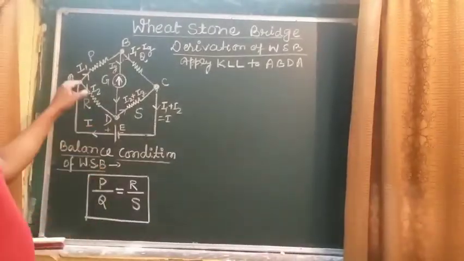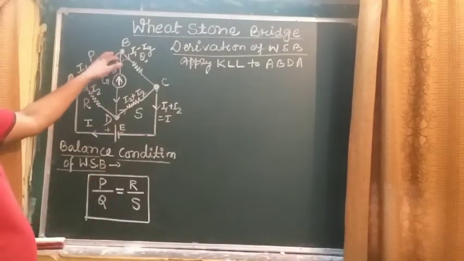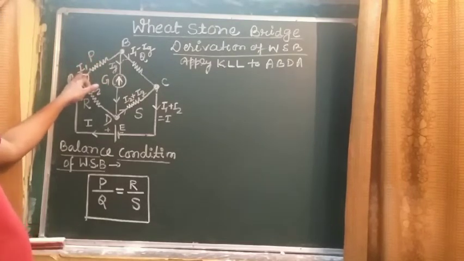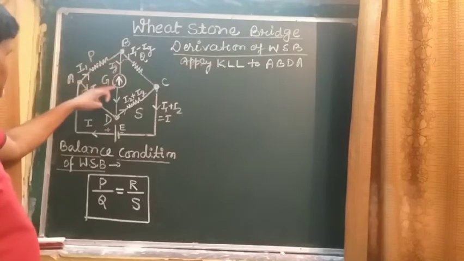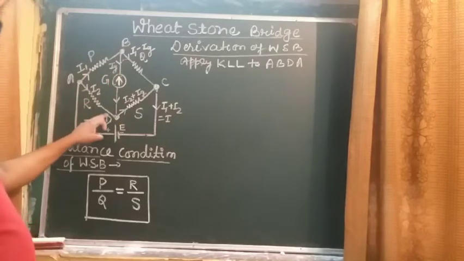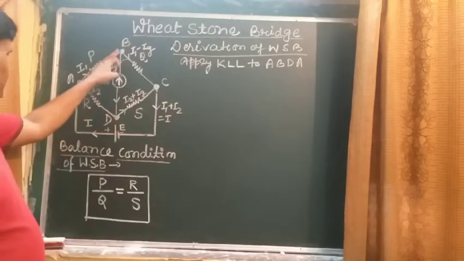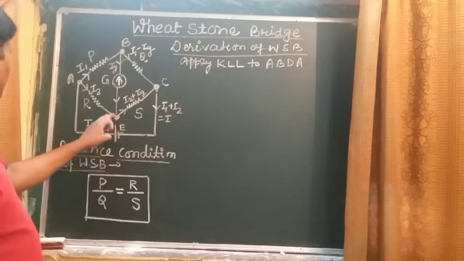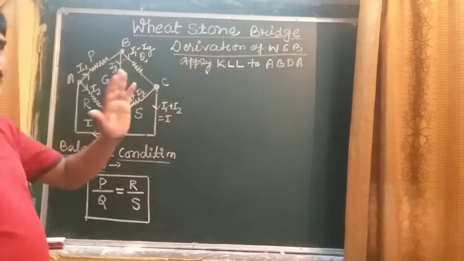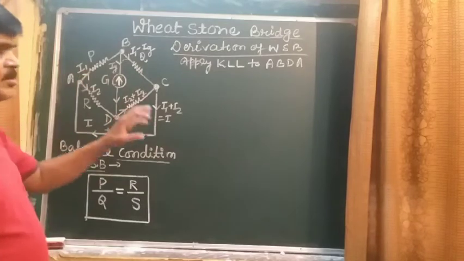The path choice and the direction of the current are the same, so the product of resistance and current is positive. Here the resistance of the galvanometer is G. The path is chosen from A, B, D, A, and we are moving from D to A, in the opposite direction of the current, so the product of I2 and R is negative. In this loop there is no cell connected, so the EMF is 0.